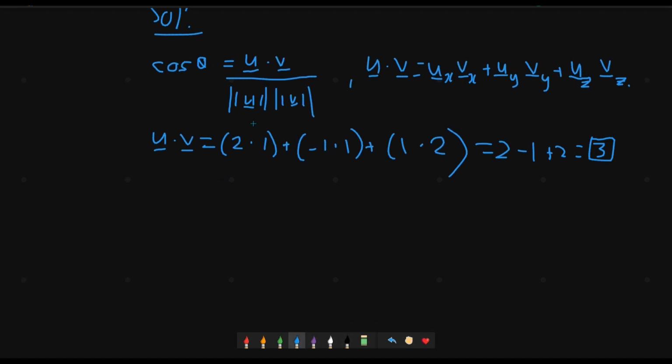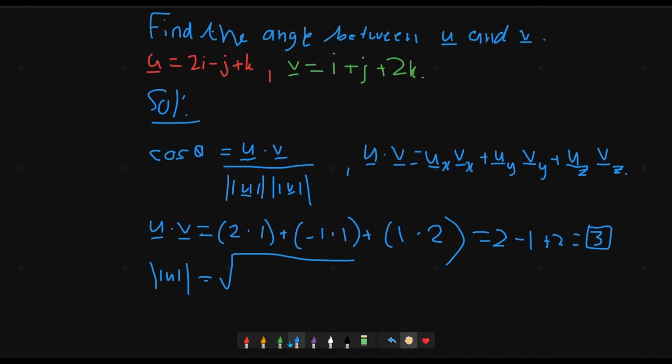We also need to know the magnitude of the vectors. Okay? So the magnitude of u is going to be, and this is how we find the magnitude, it is 2 squared plus minus 1 squared plus 1 squared, and square root all of that.